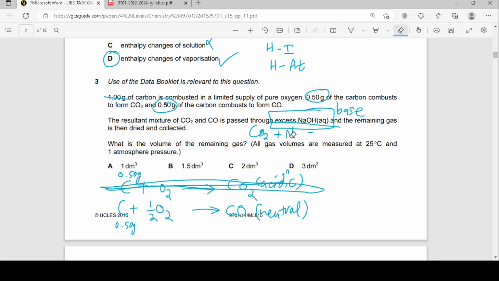But then we still have the CO, which is neutral, and they're asking you to find the volume of the remaining gas. Now the remaining gas is just CO, so we just have to find the volume of CO. If we have 0.50 grams of carbon, how many moles of carbon do we have? n equals m over Mr, so mass over the molar mass.